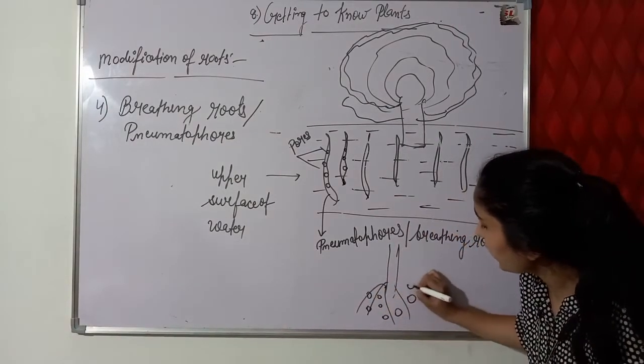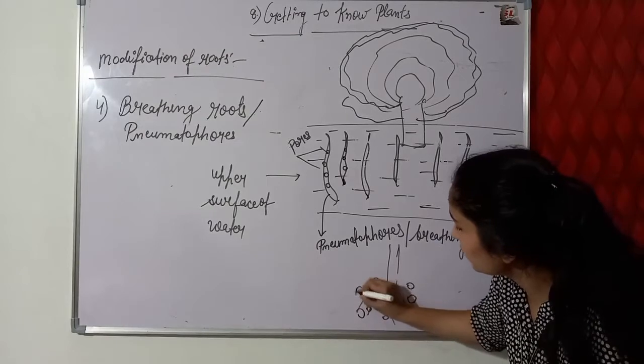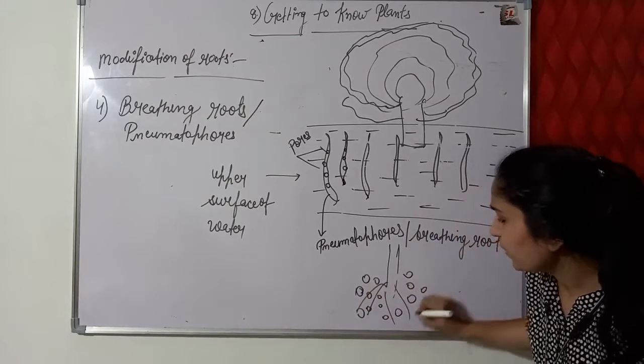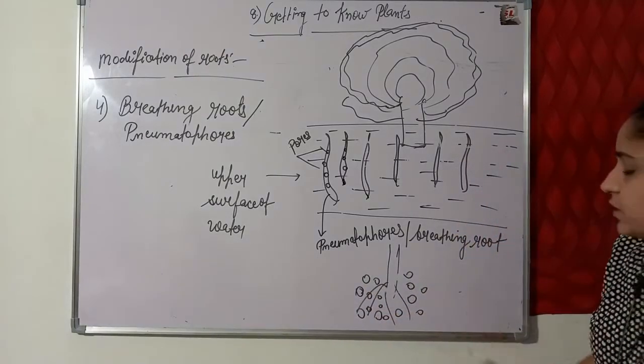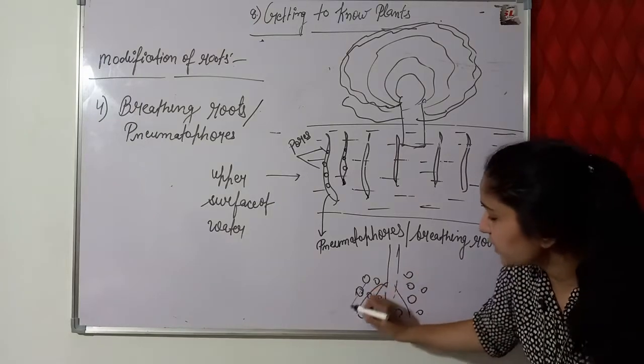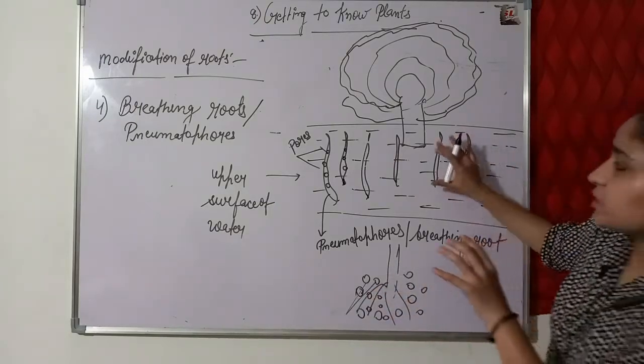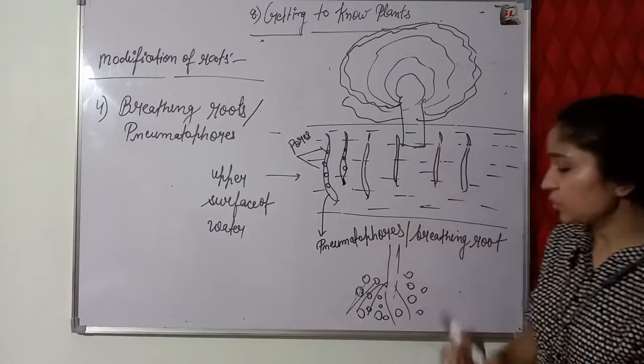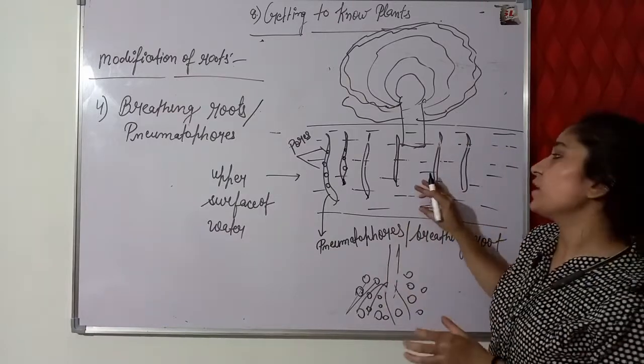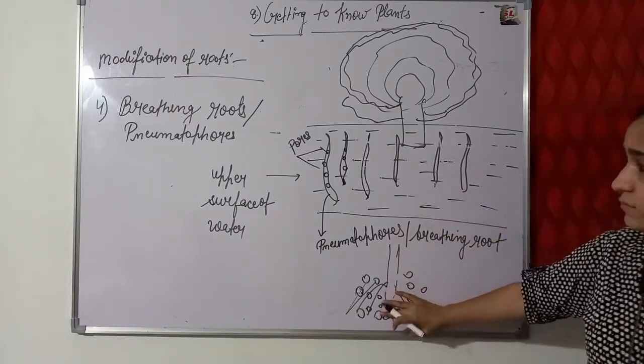Usually the plants that grow in dry soil, where water is not present, have air between soil particles. But these trees are present in marshy areas, so air is not present between the soil particles.